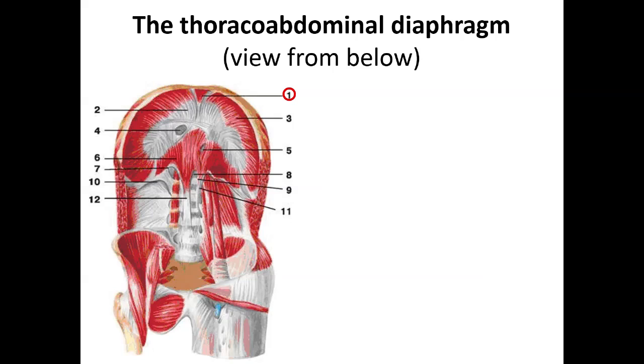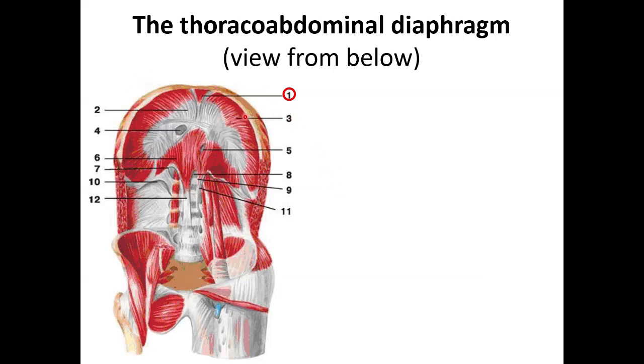In this picture, we can see this septum from the abdominal cavity. The thoracic cavity is above this diaphragm, but it isn't demonstrated here. So here it is, the thoracoabdominal diaphragm.